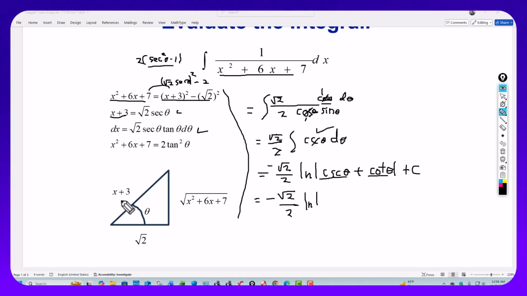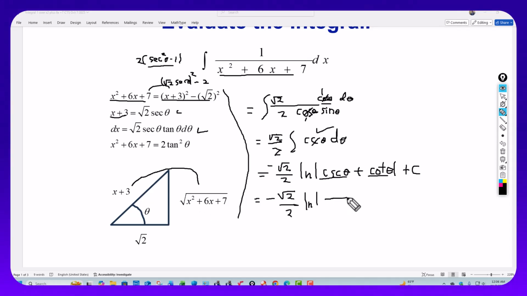So cosecant of theta right here is the hypotenuse, as dimension x plus 3, over the opposite side. So that's going to be over that. And then the cotangent is the adjacent side, which is the square root of 2 over the opposite. And that's going to be also over the square root of x squared plus 6x.